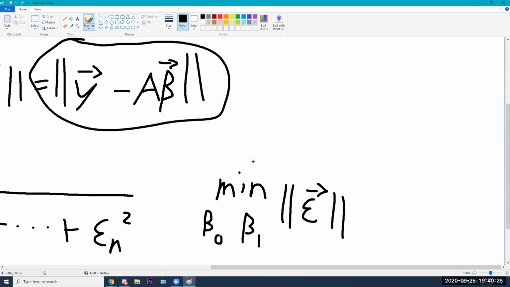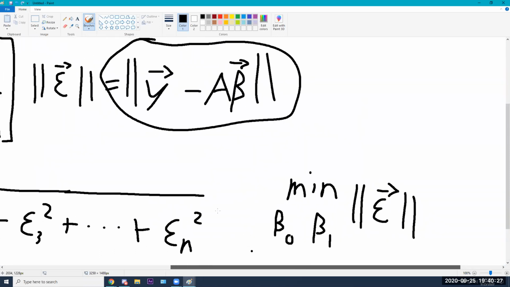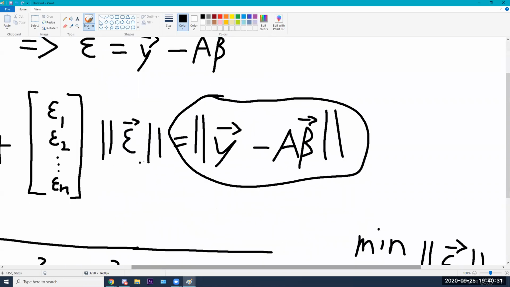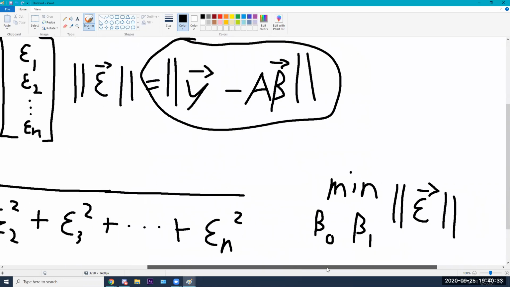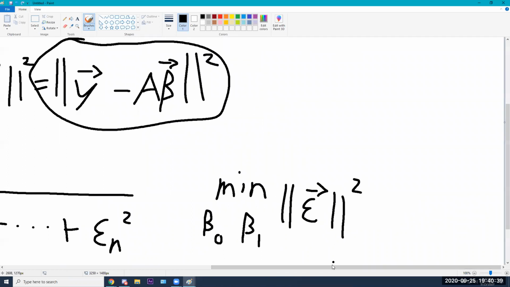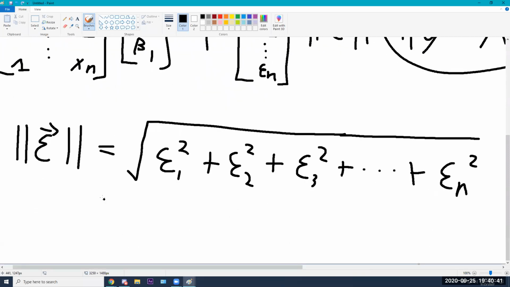When we put this into practice, we actually square the norm for both sides here. So in practice, our error term ends up being this squared. And if you go back here and look at the definition for the norm, if you take the square root of all the squared error terms and then you square this whole thing, this just cancels out the square root.